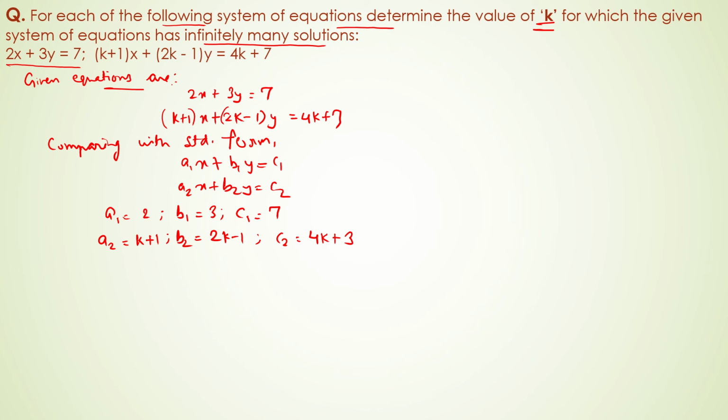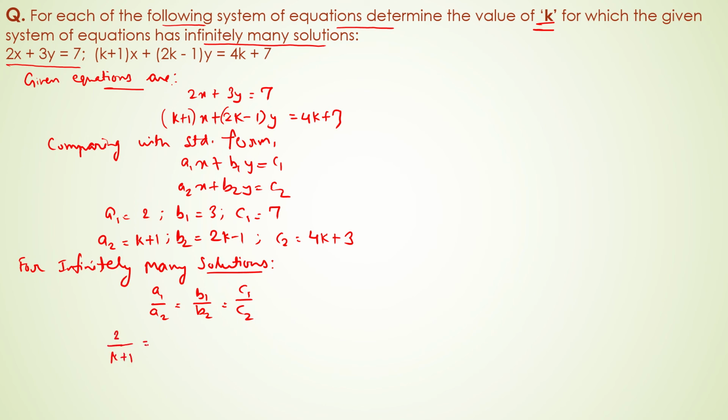And the condition for infinitely many solutions is that a1 by a2 should be equal to b1 by b2 and it should be equal to c1 by c2. Here 2 by k plus 1 should be equal to 3 upon 2k minus 1 and it should be equal to 7 upon 4k plus 3.